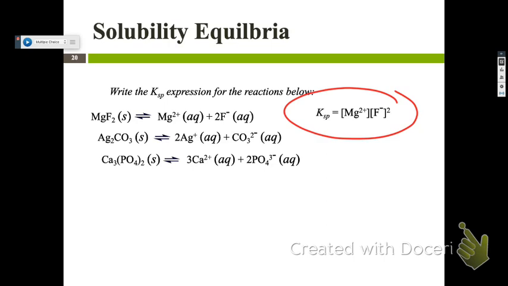So the bottom of the ice table, we're going to have S for that guy, and it's 2S here. But wait. You end up using the stoichiometric coefficient once here and once there.